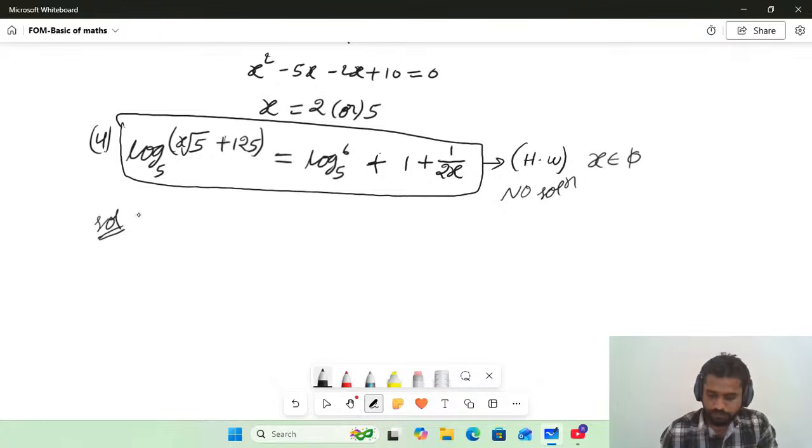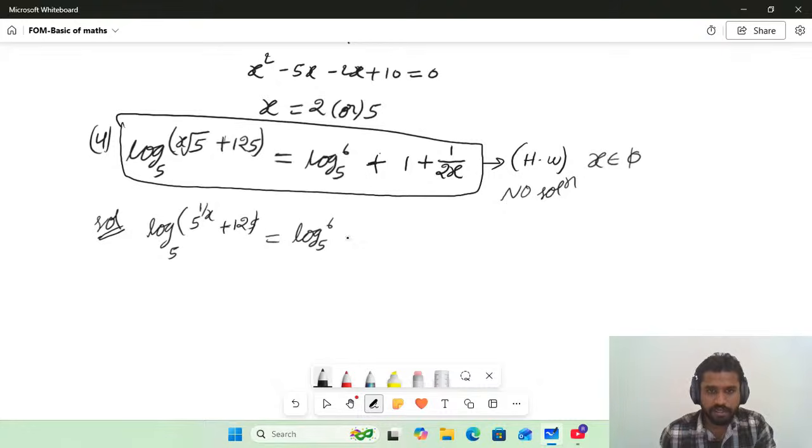The solution is log of x root of 5, which is nothing but 5 power 1 by x, to the base 5, plus 125 equals log 6 base 5. How can we write 1? We can write 1 as log 5 base 5.